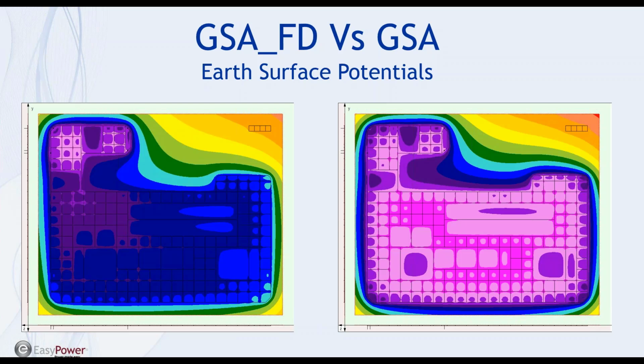As known, many software are based on the equipotential assumption, and so they neglect the drop of voltages along the conductors, unlike GSA FD does. So this picture, taken from the calculation we have just run, takes into account the drop of potential, and most of the software you find in the market do not do this.